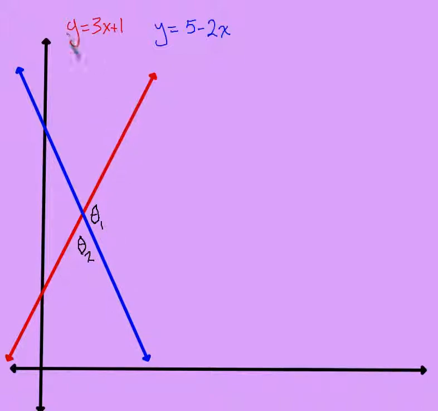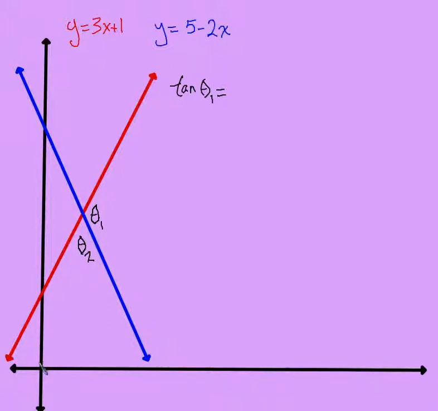So if we're looking for the angle between them, we're going to use the formula pattern that we just walked you through. We're looking for theta. So we know that the tangent of theta, and here we're going to look for theta 1, is going to be equal to, since we're doing theta 1, this is our alpha here, this is our beta here.